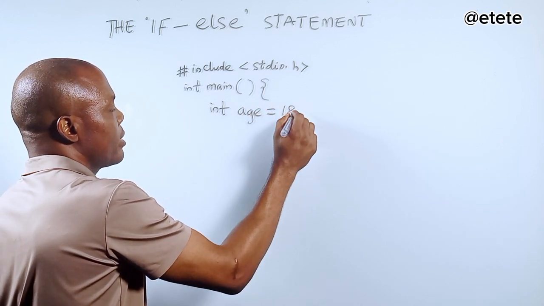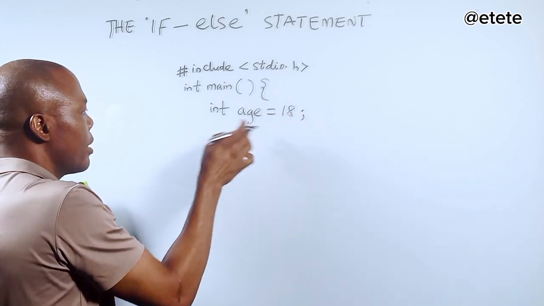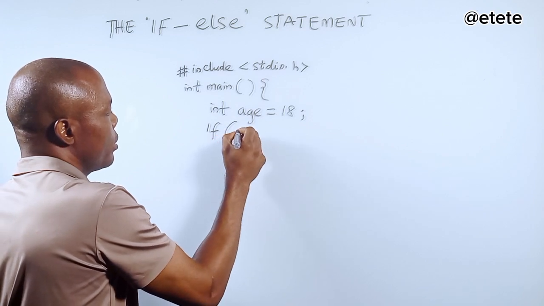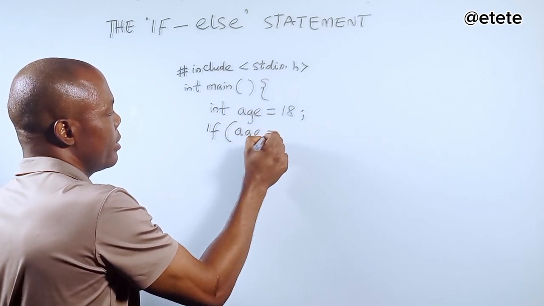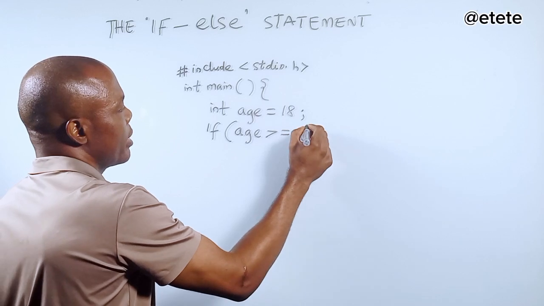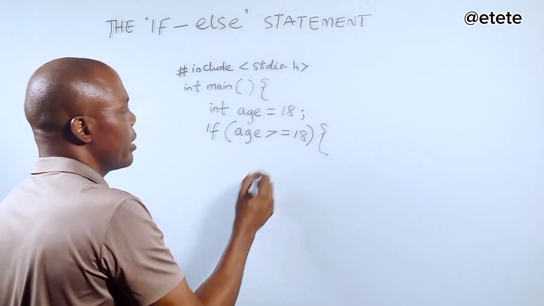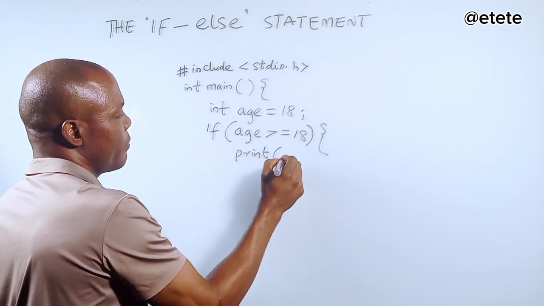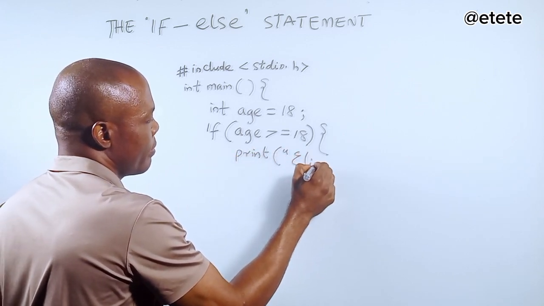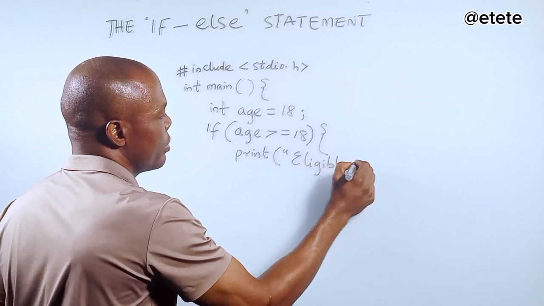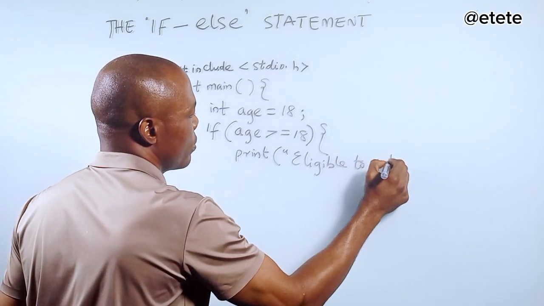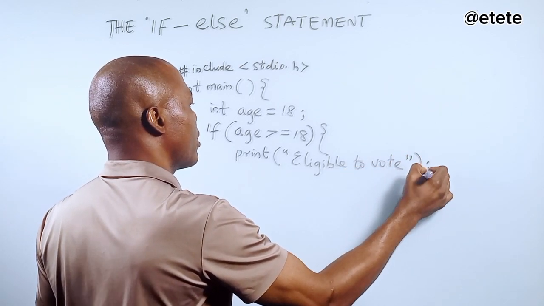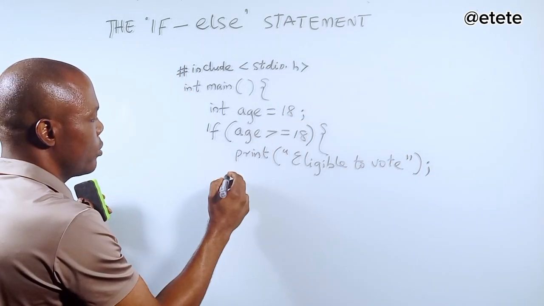Let's assign 18 to it, and then we come here and we say if the condition age is greater or equals to 18, then go in and print out printf eligible to vote, right? So we'll print out eligible to vote. That is a statement.